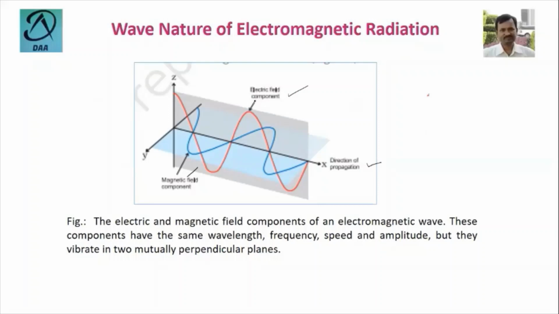Suppose you consider the z-axis, from the z-axis it goes down, and then it comes to the y-axis. So it is perpendicular, and the direction of propagation is the x-axis. With this x-axis, both the electric field component, which is along the z-axis, and the magnetic field component, which is along the y-axis, are perpendicular to the direction of propagation.